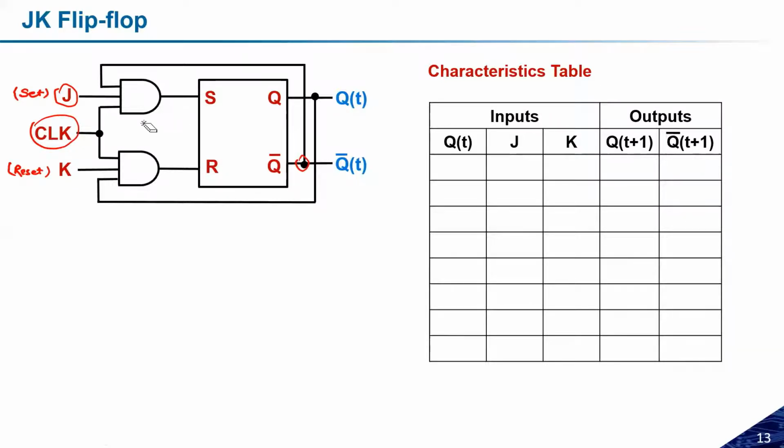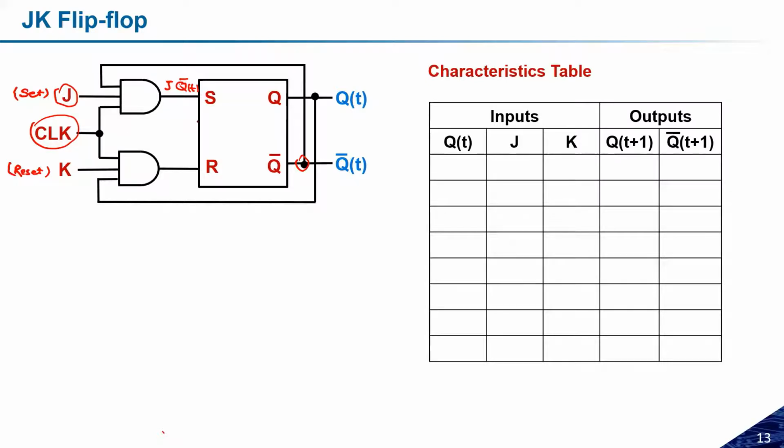If I remove the clock, since it is clock dependent, if the clock is high, then this node is nothing but JQt bar. Let me write it properly: JQt bar. I'm assuming that the clock is activated.